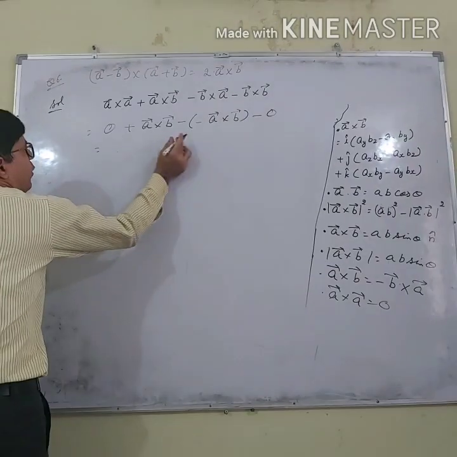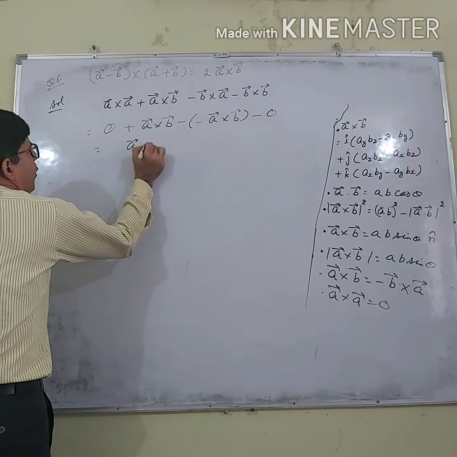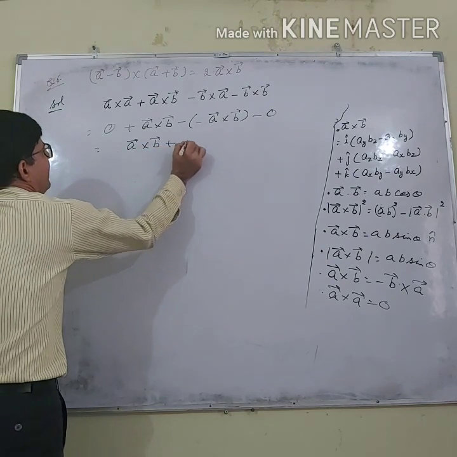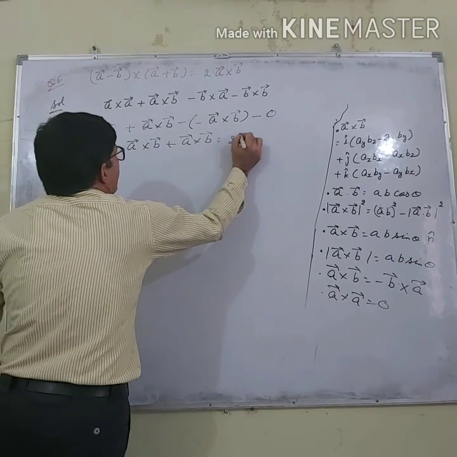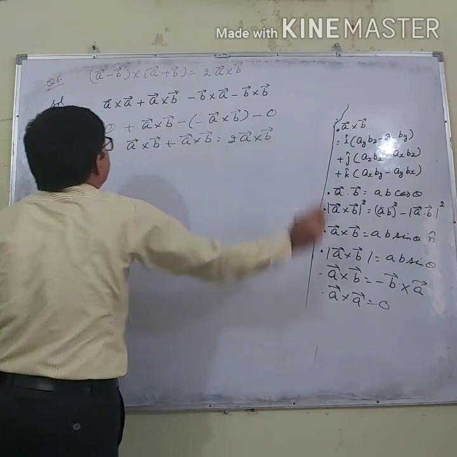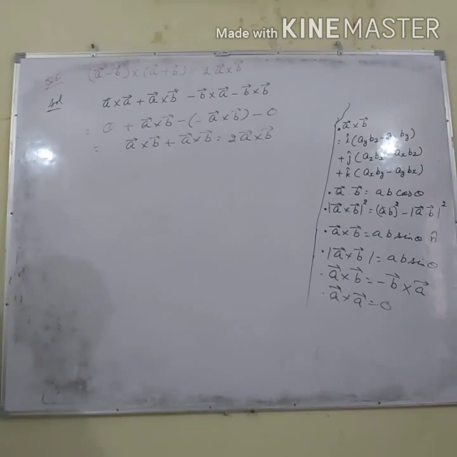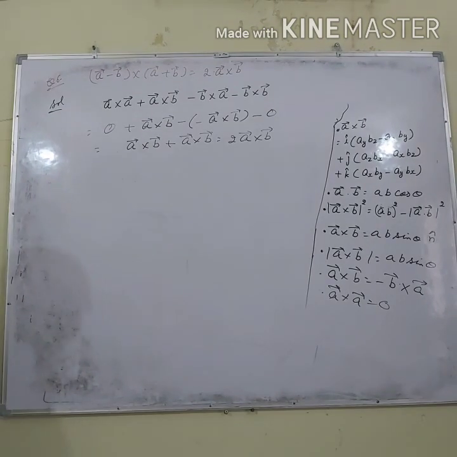So this is A cross B plus A cross B. It is twice of A cross B. Right? So it is twice of A cross B. Very simple question.